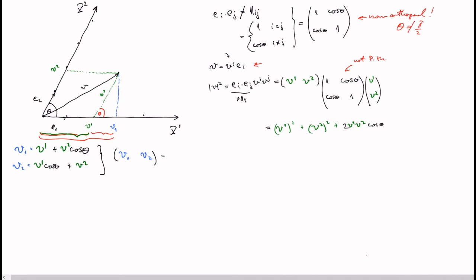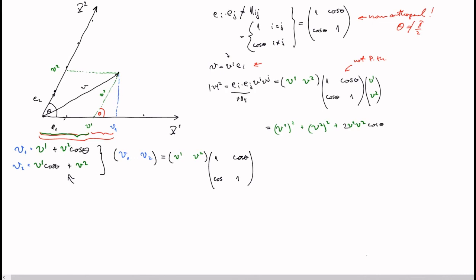This is nothing else than V1, V2 times such a matrix. We figured this out just from writing the system of equations in matrix form.